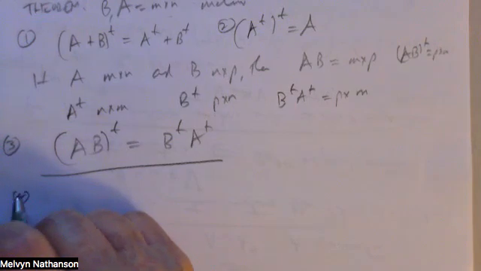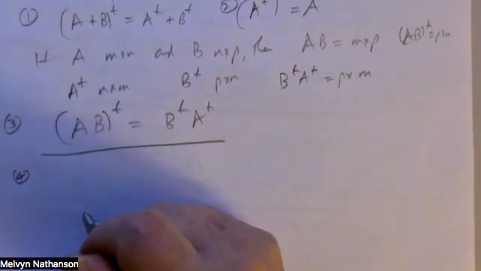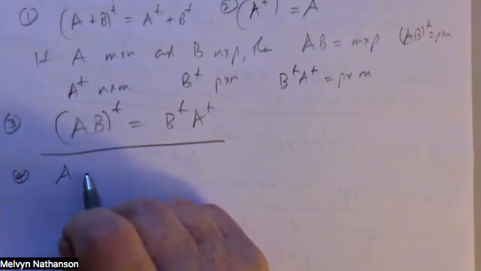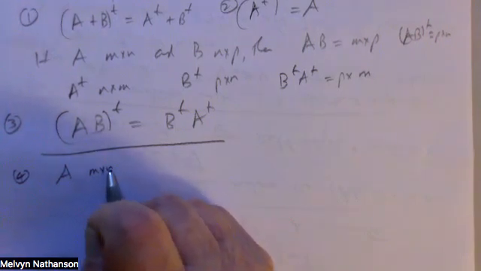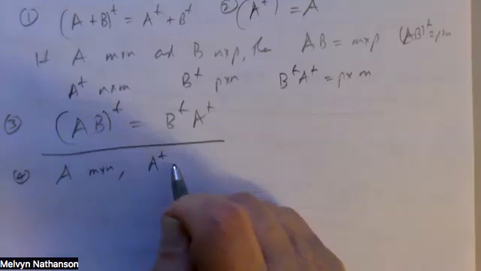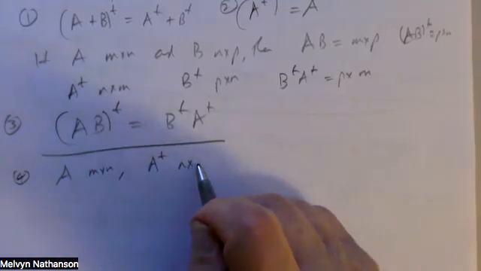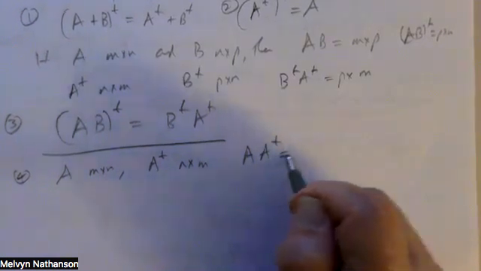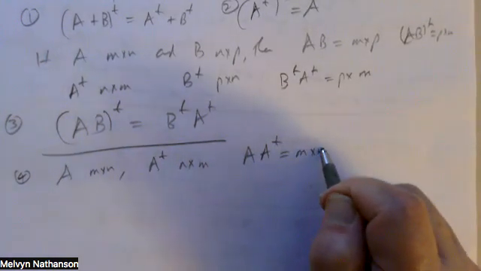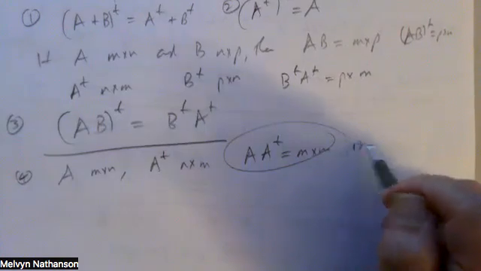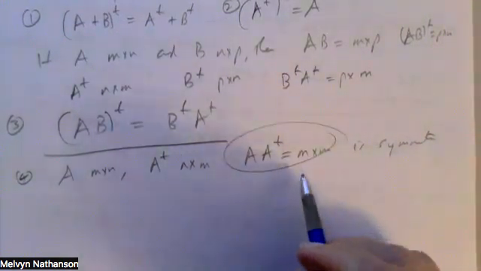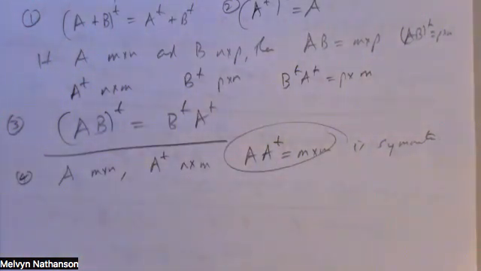And the fourth property is that if A is m by n, then A transpose is n by m. So if I take A times A transpose, that's an m by m matrix, and this is symmetric. Always. So a matrix times its transpose is always a symmetric matrix.